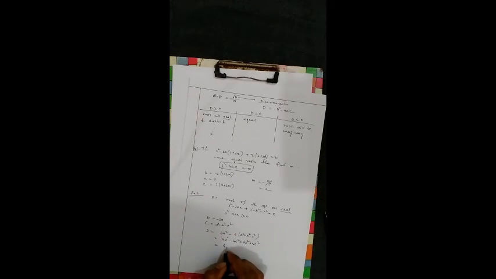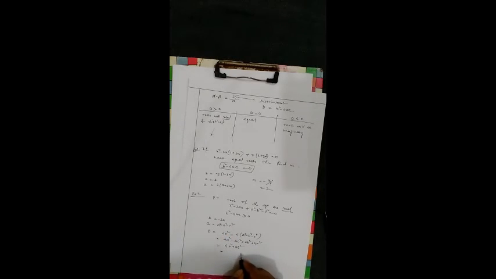So we are getting 4b square plus 4c square. This will always be positive, so we can prove that the roots of this equation are real. Okay, thank you very much for watching this video.